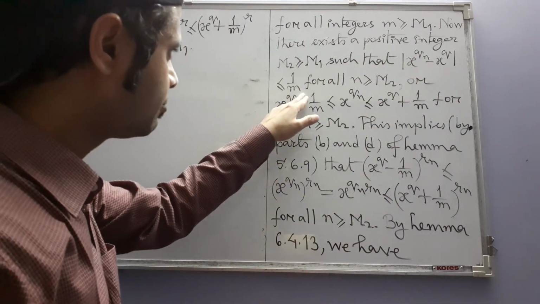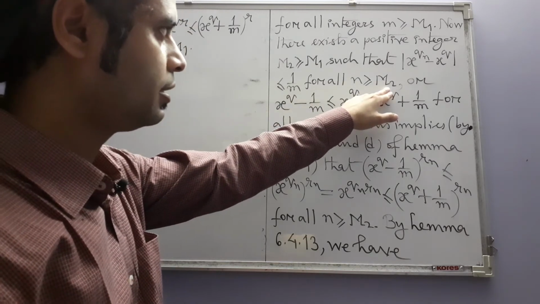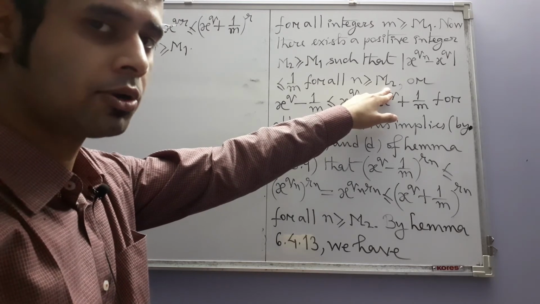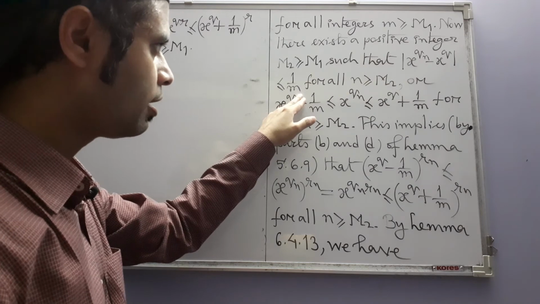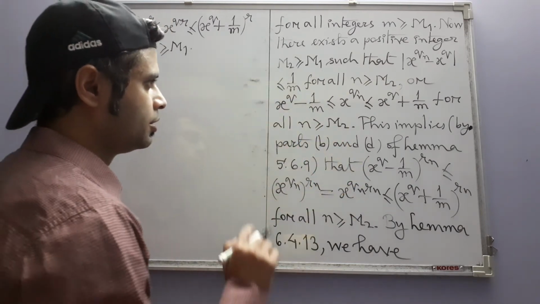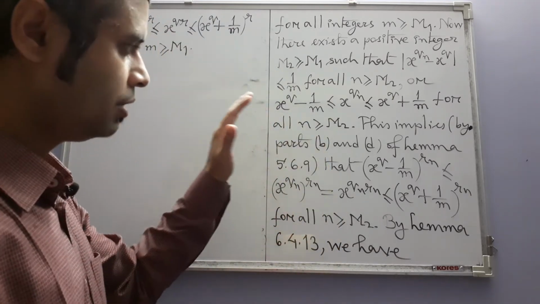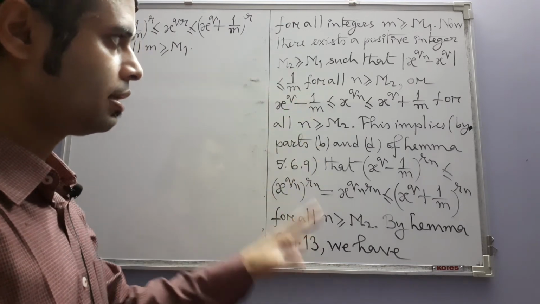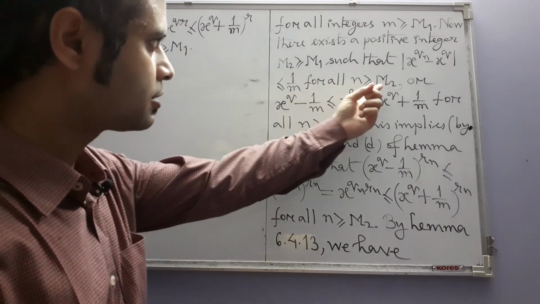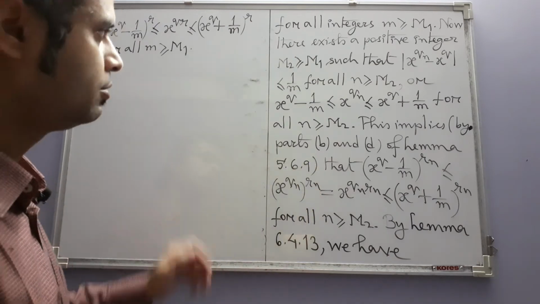So for that value of epsilon 1 over m, we have found the stage m2. So m2 is dependent on small m, and as small m changes, m2 also will likely change, which means that whatever we have been doing here, we are doing for each such small m separately. Although the dependence of capital M2 on small m has not been explicitly mentioned, now we are going to mention it.